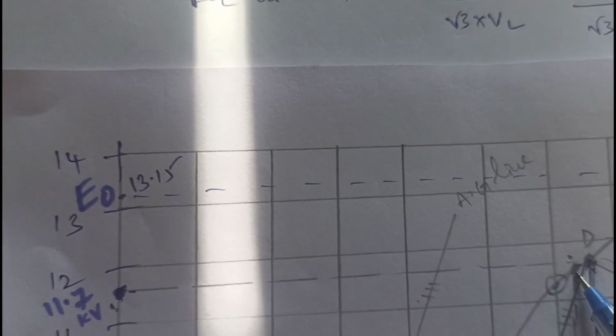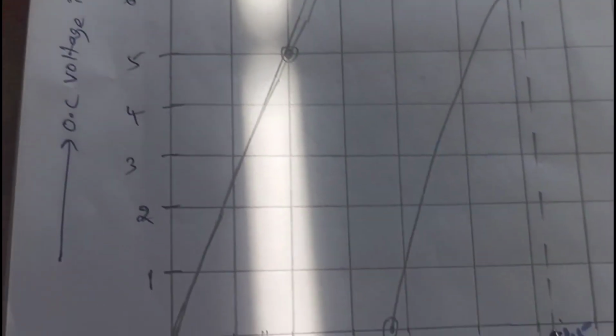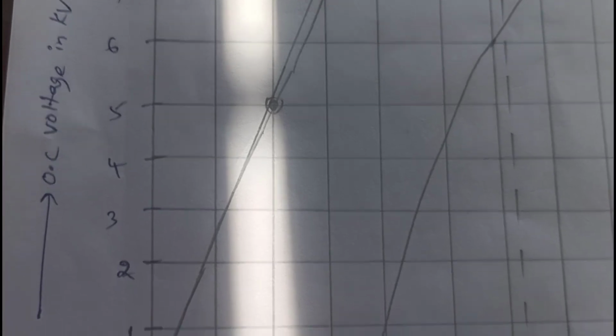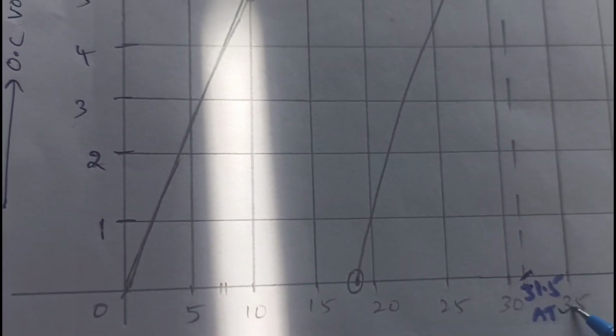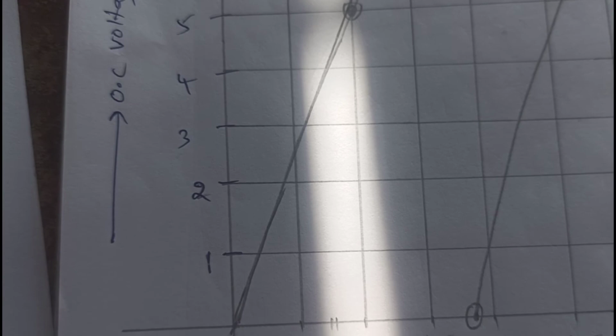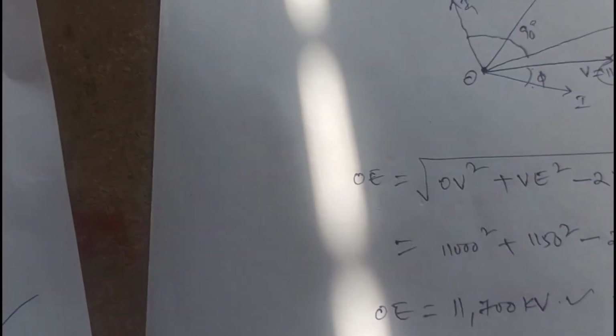After that, draw one vertical line down to the x-axis, which gives the ampere turns per pole. So you get 31.5, that is, 31,500 ampere turns per pole.